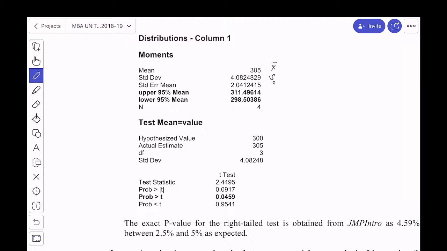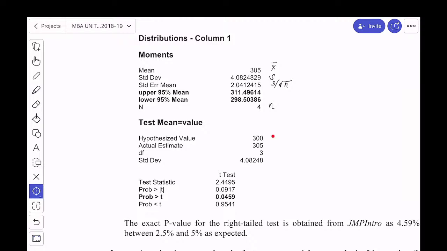And this is the standard error, which would be S over root N. And you could even check with the N of 4. That's N here. And then these are the limits using the t-test. I know that because, well, I see the t down here. But I didn't even have to read the question to know that's what this is. So this is the upper limit, this is the lower limit.